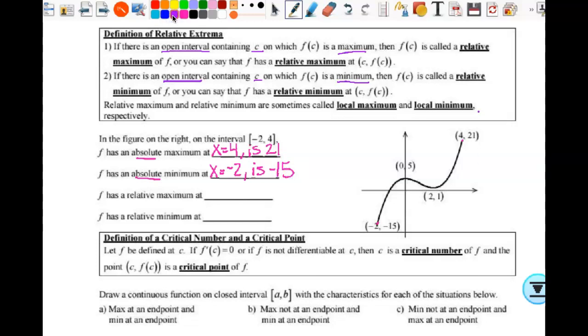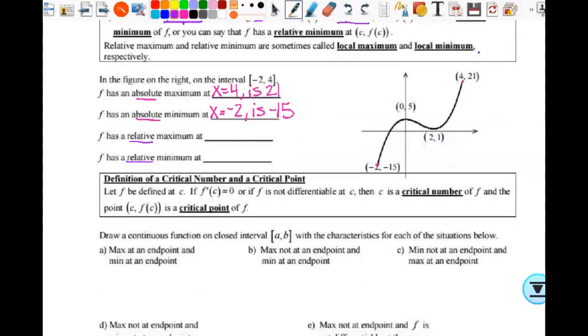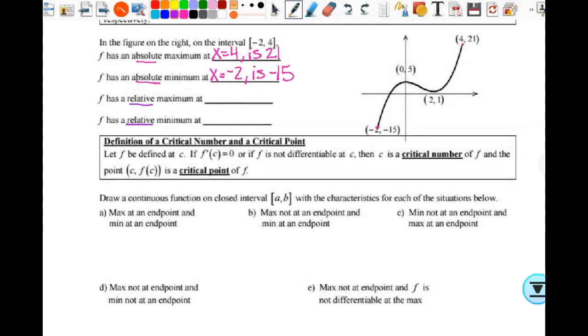When we're talking relative, remember that had this little notation here of open intervals. So open intervals means we're not including the endpoints. One of the things we learned last year is your absolute maximums and minimums are also relative maximums and minimums, and that is still a true statement. But here, when you're looking at relative, we're looking at open intervals, so we don't include the endpoints.